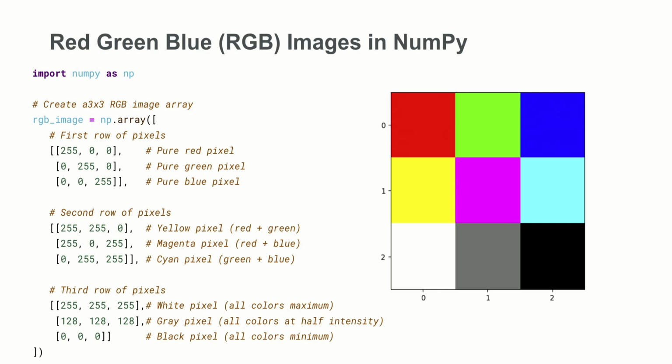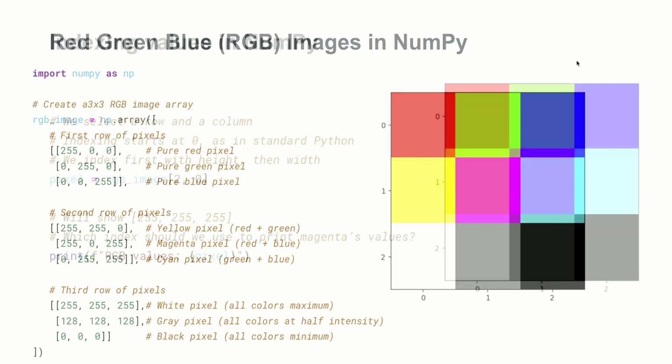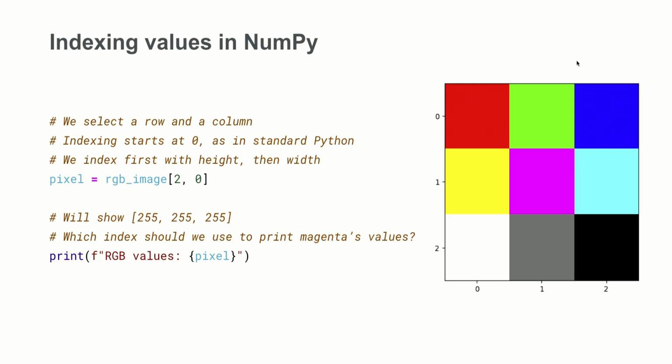I encourage you to play with this little matrix and change intensities. You have this in the practical notebook, and you'll see how combining the different red, green, and blue values produces different colors. And something that is worth looking into and internalizing is how the indexing works in NumPy.